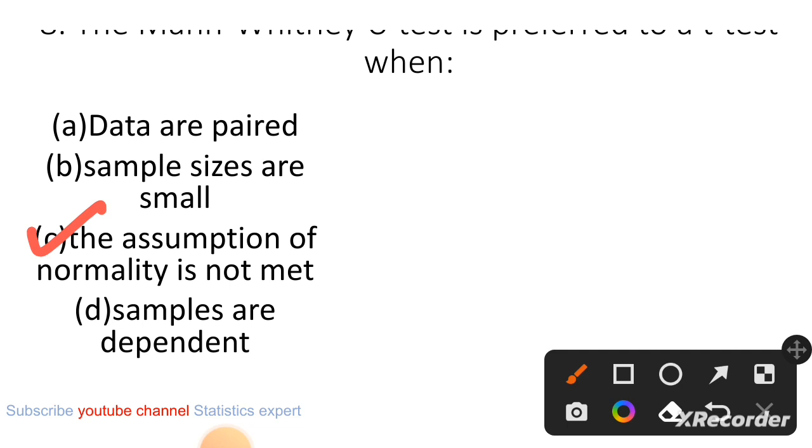What are parametric tests? Parametric tests refer to normally distributed data with equal variance. But in non-parametric tests, the assumption of normality doesn't matter.